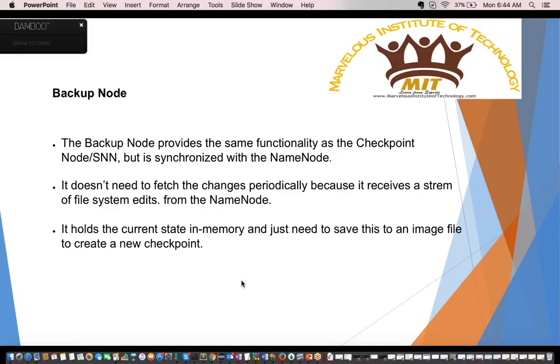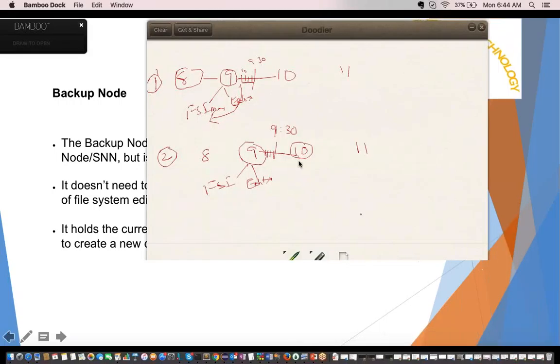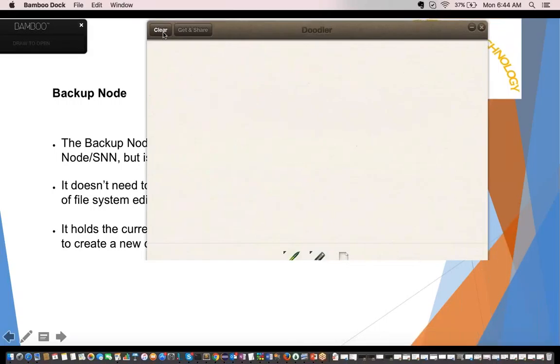Now, how does it work? As we know, our secondary name node will keep talking to the primary node, the name node, right? Keep in the sense every half an hour or every hour, depending on the configuration. I'm just taking a small background. It's a name node.